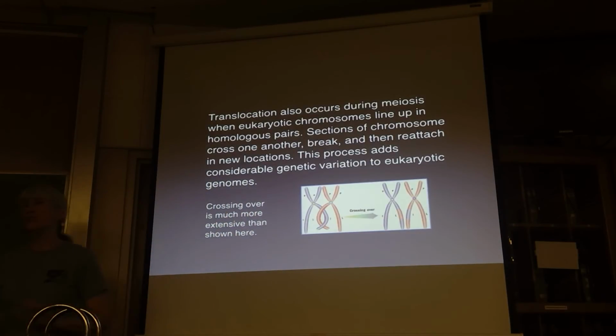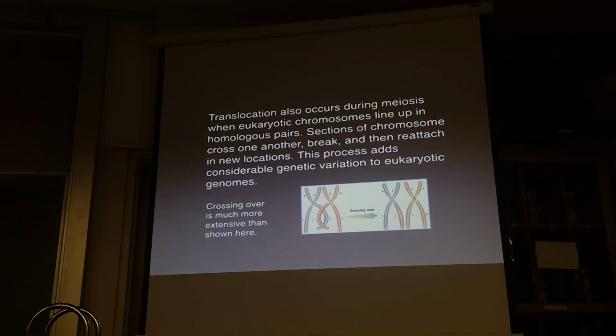This is way simplified because crossing over is much more common. There's a lot more DNA exchange during crossing over. But again, that's considered a form of translocation or transposition. So it can be caused by transposons that move using transposase enzymes, but not always.